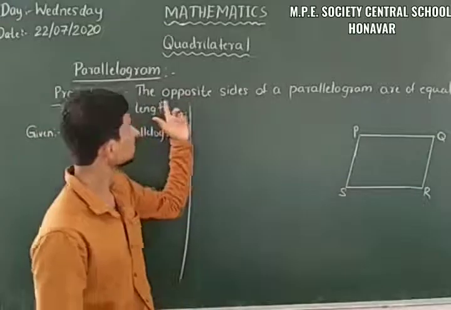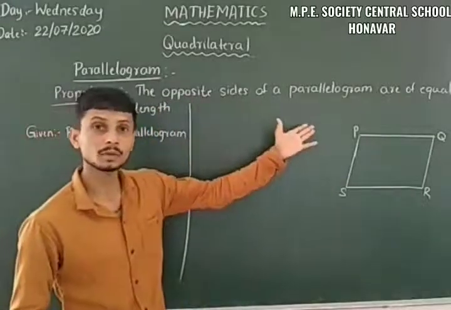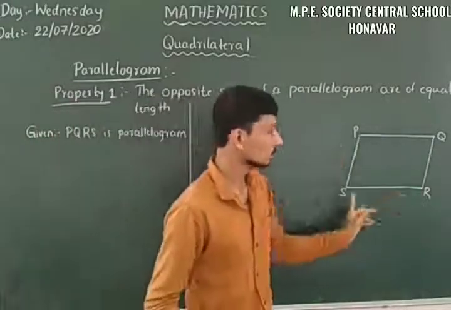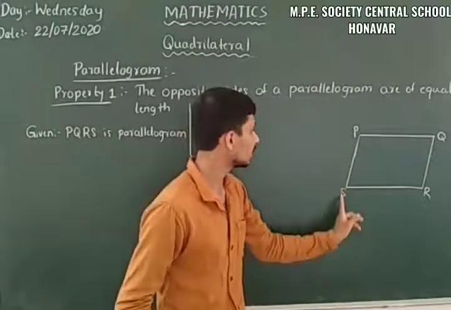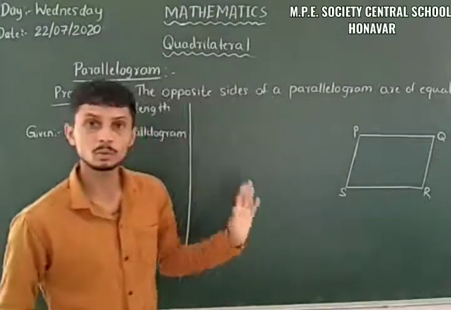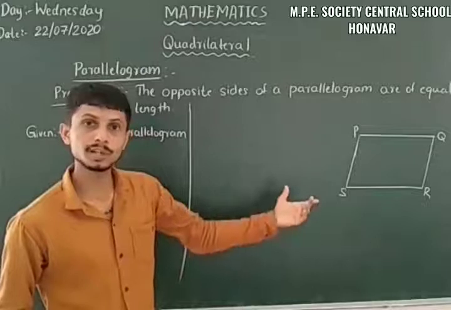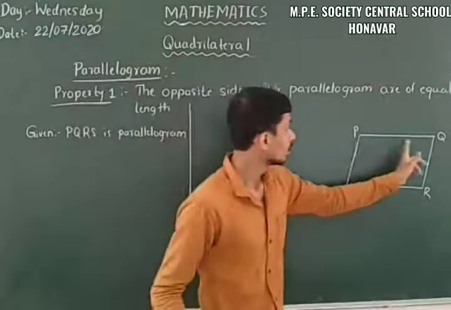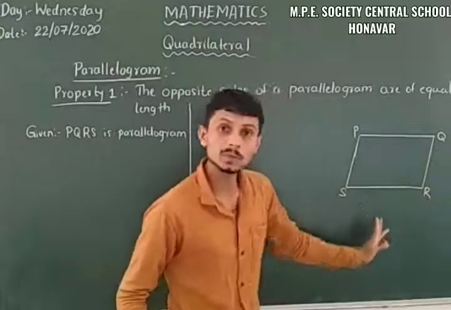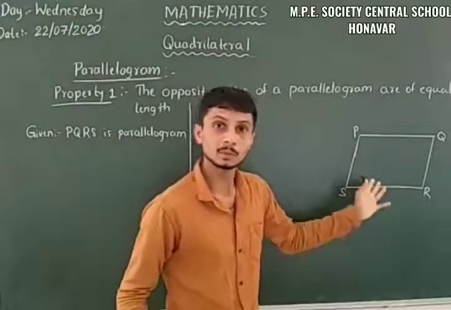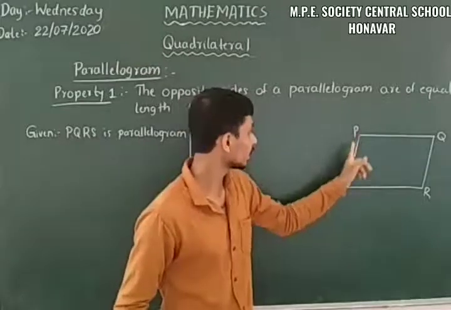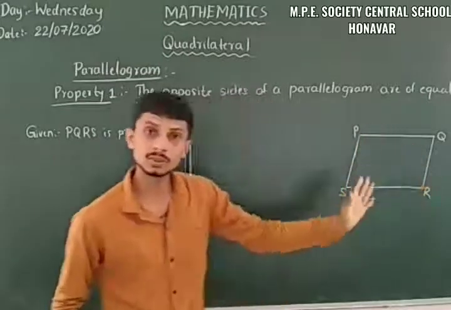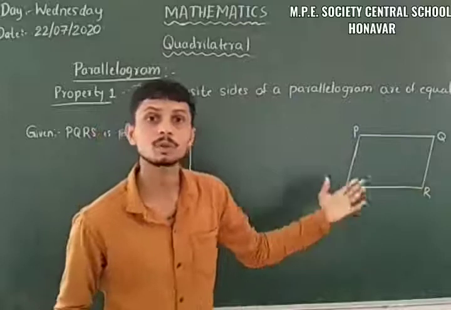Just observe here: the opposite sides of a parallelogram are of equal length. That means we have to prove PQ is equal to RS, and PS is equal to QR. There are two pairs of opposite sides of a parallelogram: PQ and RS are the opposite sides, and we have to prove those are of equal length. And PS and QR are the opposite sides, and we have to prove that both are equal.